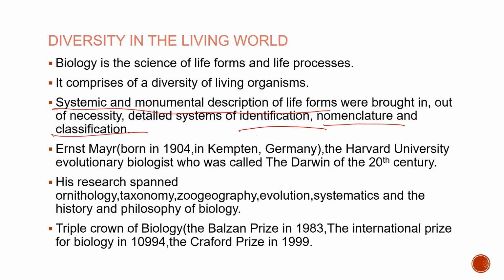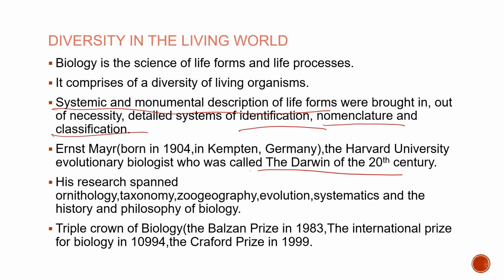Now, you can see Ernest Mayr. He was an evolutionary scientist, a known name in evolutionary biology, a biologist at Harvard University, who was called the Darwin of the 20th century.